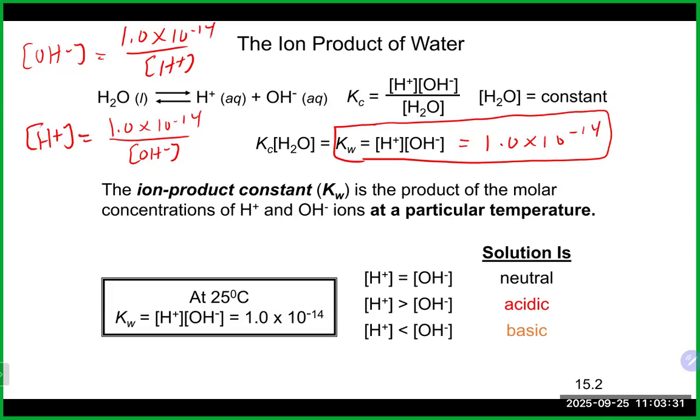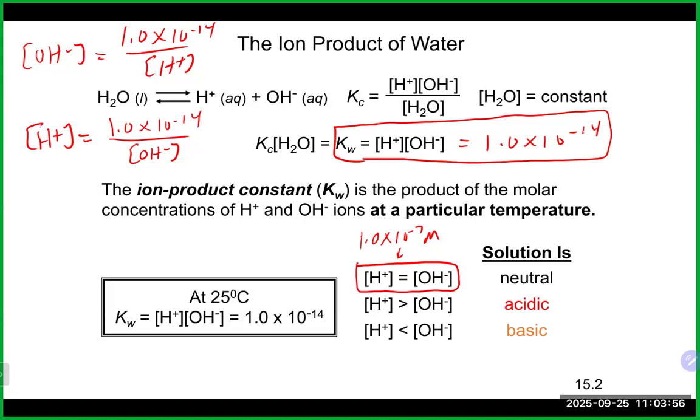Once again, you definitely want to make sure you're using your exponent button on this. Otherwise, you're going to be in some trouble if you are not. So what can this help us determine? Well, if the H plus concentration equals the OH minus concentration in that solution, by the way, at that point they would both equal 1 times 10 to the minus 7 molar. It will be a neutral solution.